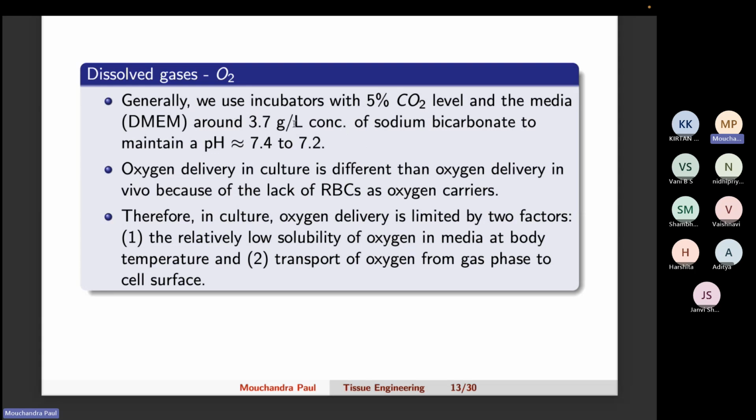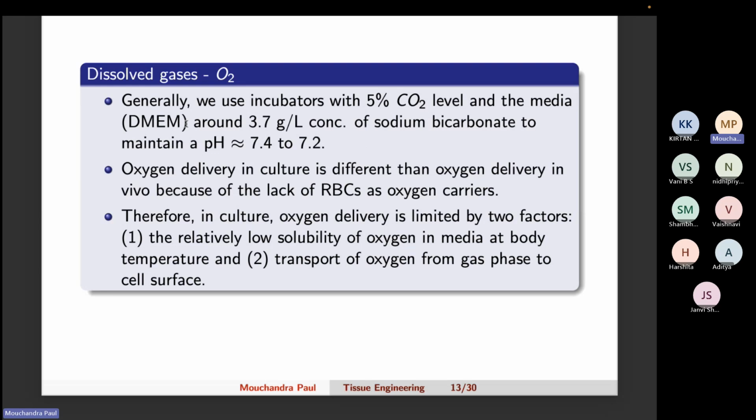So in our lab, if we are using the media DMEM, the full form of DMEM stands for Dulbecco's Modified Eagle's Medium. This is one of the very common cell culture media that is used.